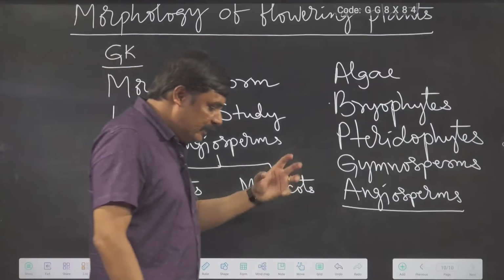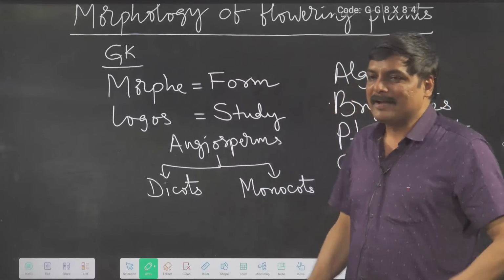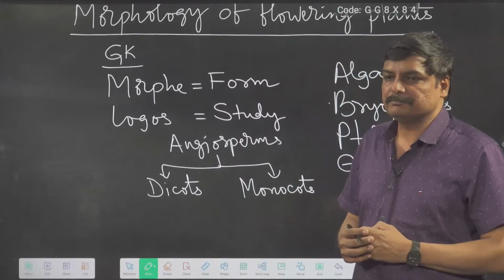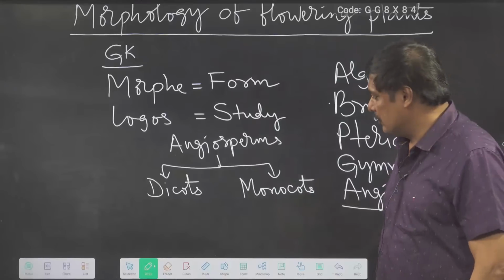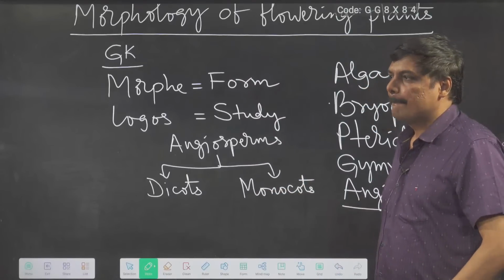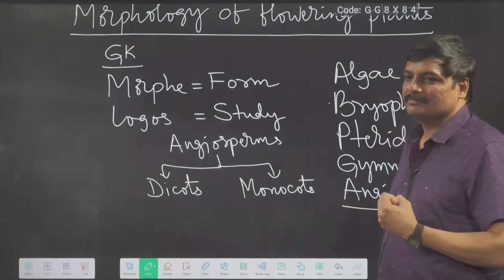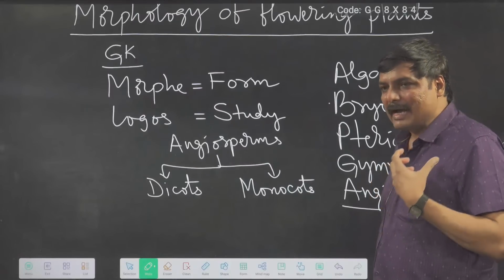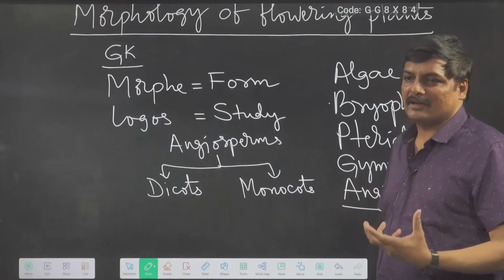Right. And these angiospermic plants show a great diversity, a lot of diversity, a number of variations. For example, these angiosperms show diversity in the habit, diversity in the size, diversity in the habitat, diversity in the lifespan.